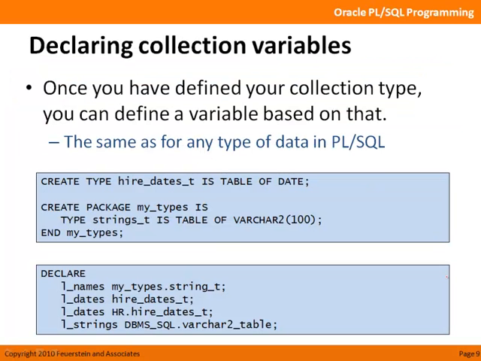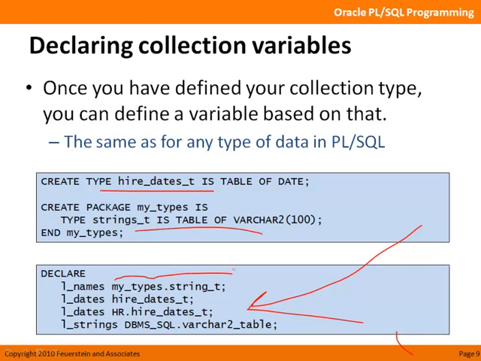Now once you declare your type, then you can declare collections, that is collection variables, based on those types, and the syntax is no different than with any other type of declaration. So once I've created my type, let's say at the schema level, which is what I've got here, or at the package level, here are different ways that I could be declaring variables based on those types. If it's inside a package, I have to use package.type, unless of course my variable is inside the package.